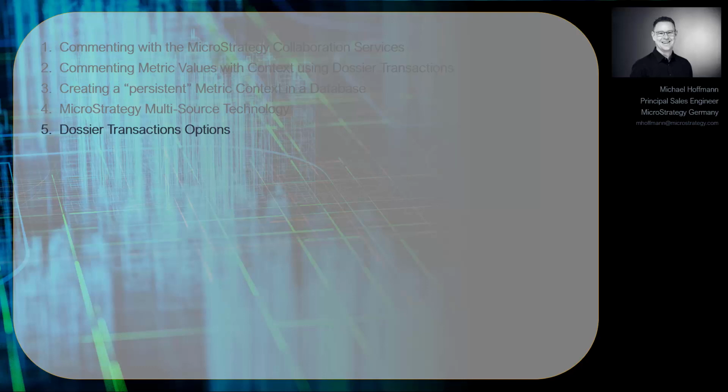Okay, so what options do we have using transaction services in Dossiers? If you are familiar with MicroStrategy and you know transaction services from MicroStrategy documents, you know there are, let's say, 3 different options to use this. You can configure transactions on top of grids, so you're able to enter data in cells in a grid and write back this data into a database.